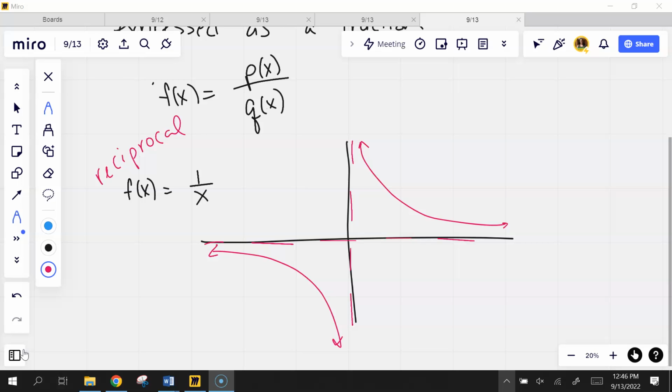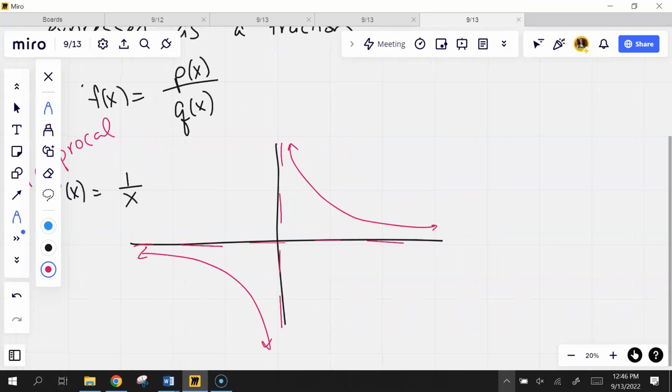It can just bound a part of it. But it's something that the graph comes really, really close to, but it never touches.